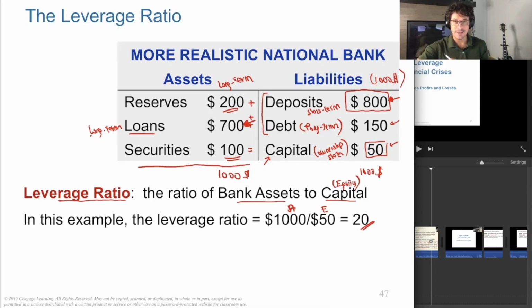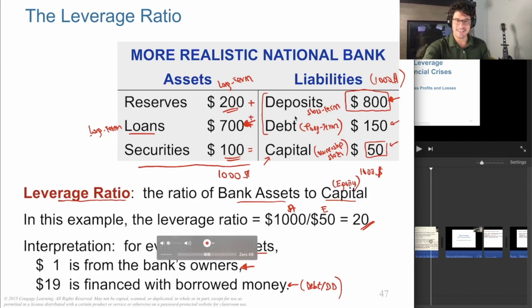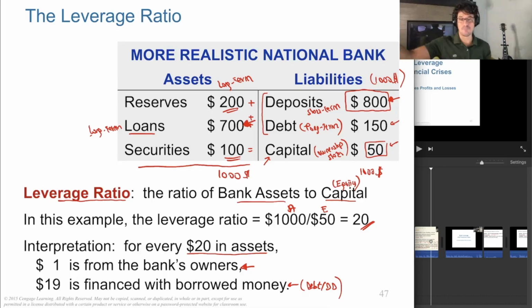So what does it mean? That the bank finances $20 in assets using just $1 from the bank owners and $19 from borrowed money in the form of debt and demand deposits. So you can see that by having access to debt, the firm can use a lot of borrowed money in order to take investment positions.